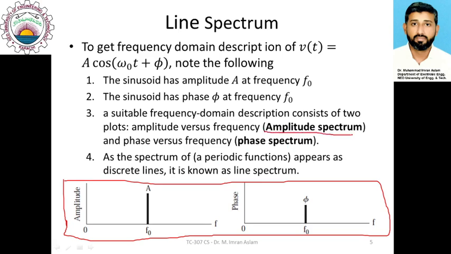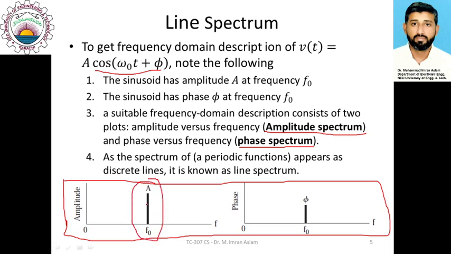The first plot is named the amplitude spectrum because we are plotting amplitude as a function of frequency, so it will be called a spectrum. The second is named the phase spectrum because we are plotting phase with respect to frequency. You can see that this a cos omega naught t plus phi is a sinusoidal function, which is a periodic function, and generally a periodic function has a plot which looks somewhat like this.